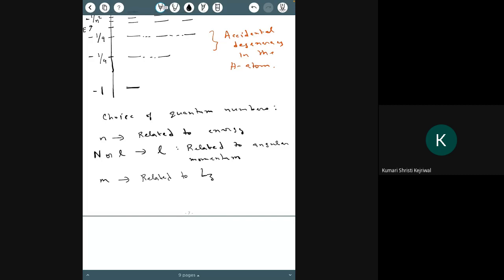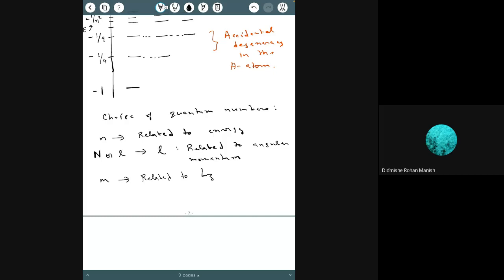But if you solved the Dirac equation, let's say, instead, which is the relativistic version of the Schrodinger equation, then your spin quantum number S would also appear naturally, like M or L or N, from some mathematical criteria. Okay. Now, what is the form of this wave function solution?